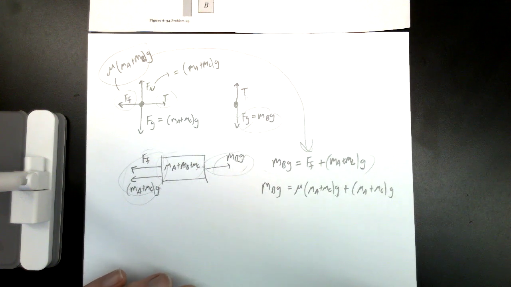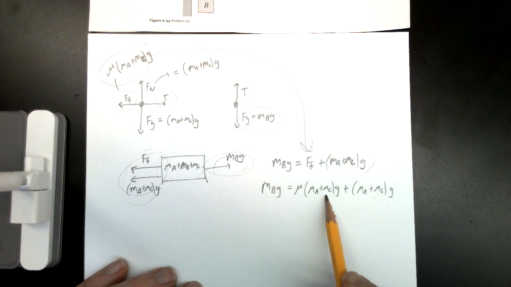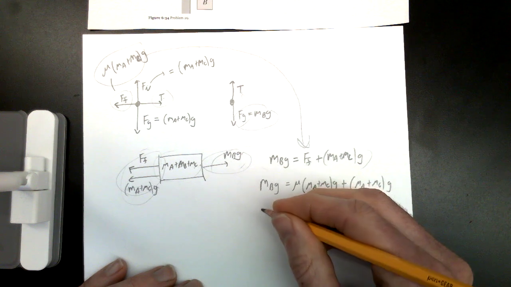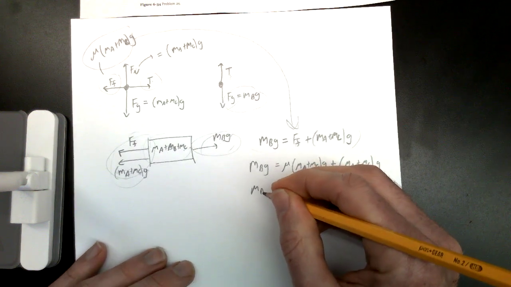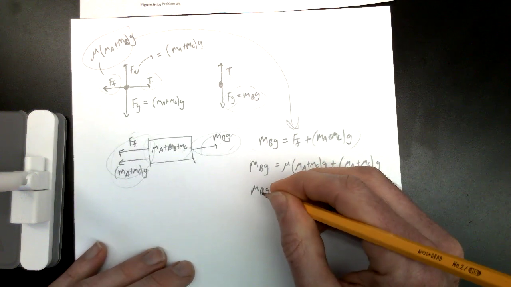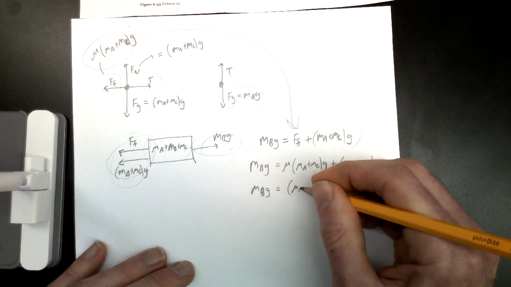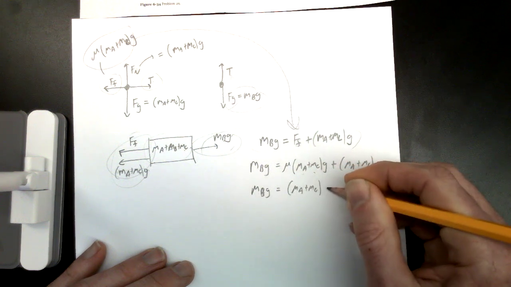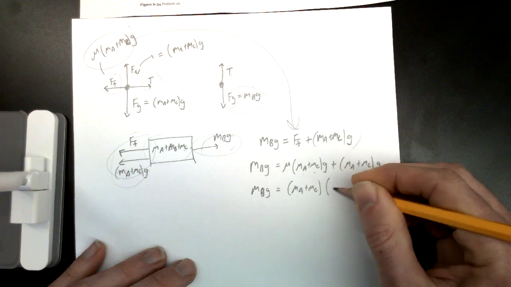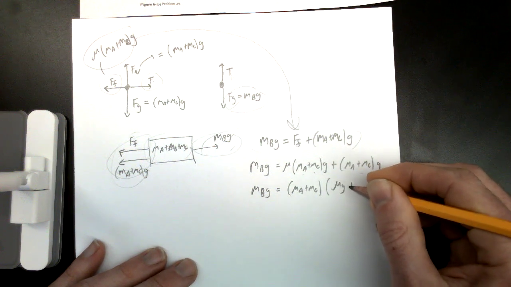And I guess it's just algebra from here, but maybe I'll just factor out this (mA plus mC) business over here. So mBg equals (mA plus mC) times (mu g plus g).